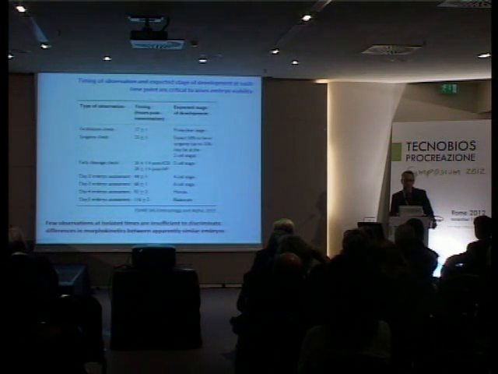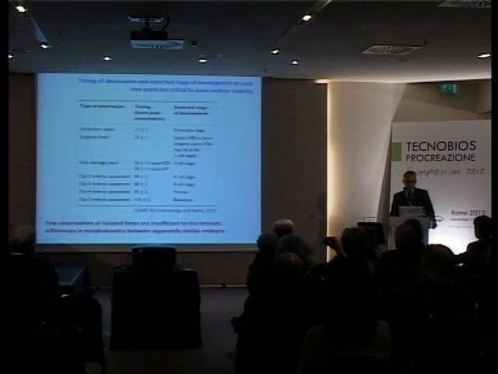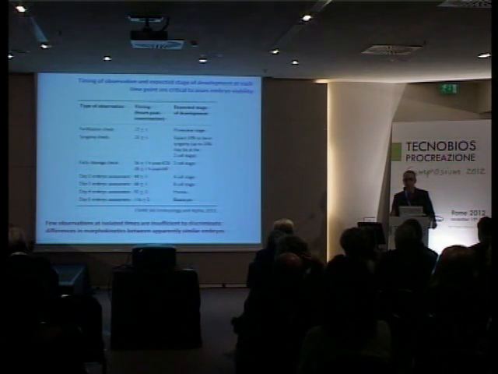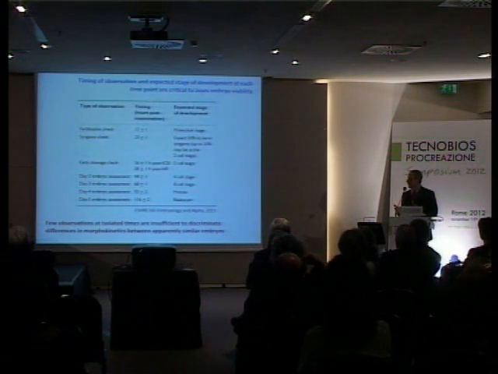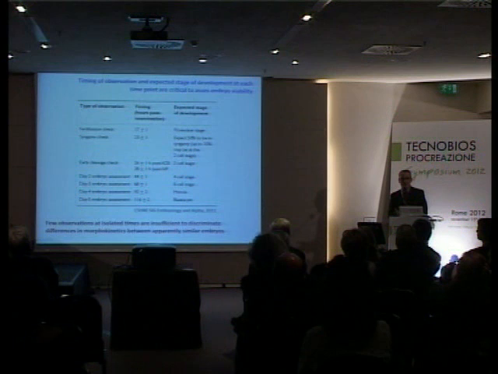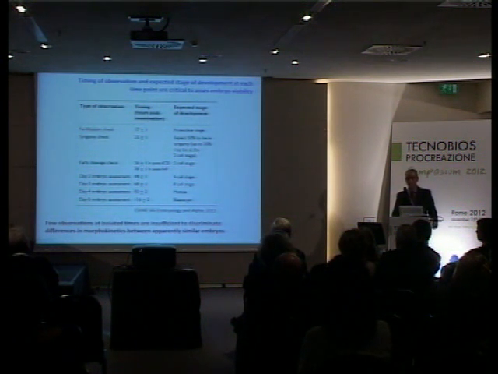But as we have already suspected, few observations at isolated time points are insufficient to discriminate differences in morphokinetics of embryos that appear similar, but in fact have a different developmental history and probably a different developmental ability.